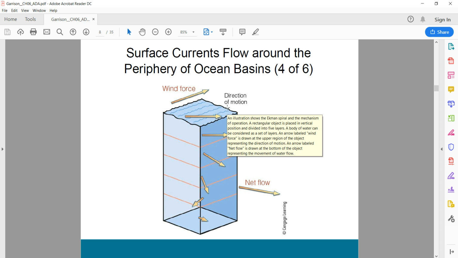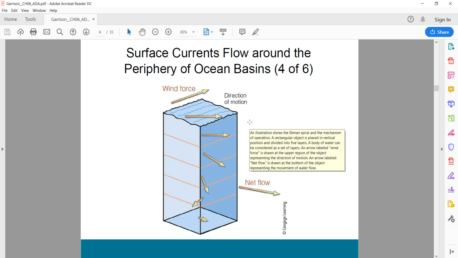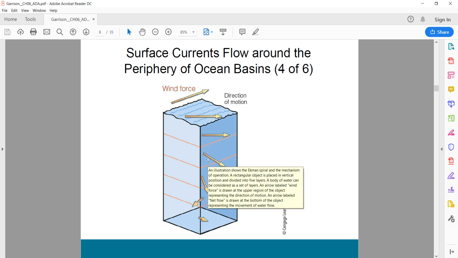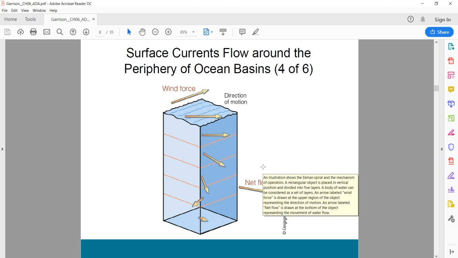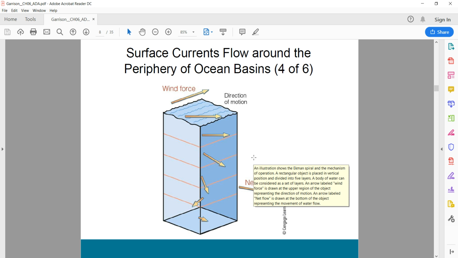The direction of the current changes a little bit to the right in the northern hemisphere due to the presence of the Coriolis effect. The wind is primarily moving the water in the top layer, which is directly in contact with the wind force. But if you think about the layer of ocean water underneath, as you go deeper and deeper in the ocean, the effect of wind force starts to decrease on the deeper layers, and that's where the Coriolis effect will be more dominant compared to the wind force.